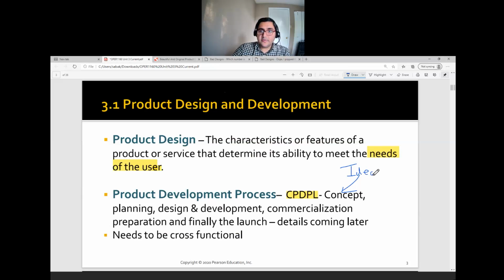So the concept here refers to the ideation stage. So it's basically the ideation stage. And based on the idea which you have come up with, you need to plan how this idea can be converted to a product. So the second stage is on planning.